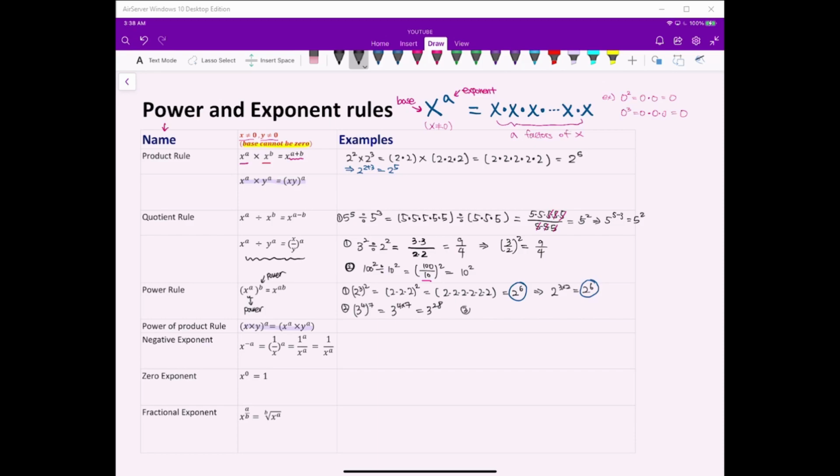The power rule can be applied to negative exponents as well. When we have 5 to the negative 1st power, to the power of negative 7, then again, you multiply negative 1 and negative 7 together, which becomes 7, which is the same as 5 to the 7th power.